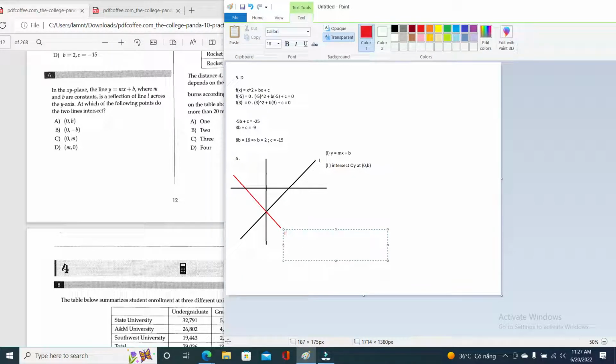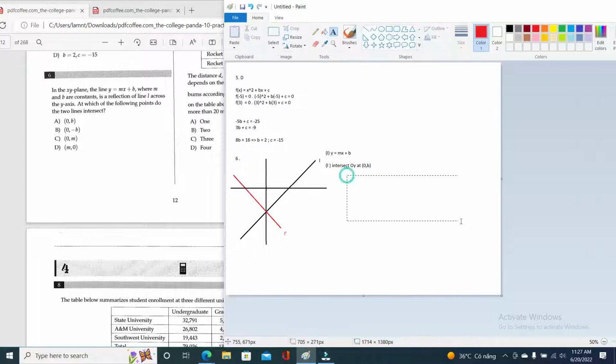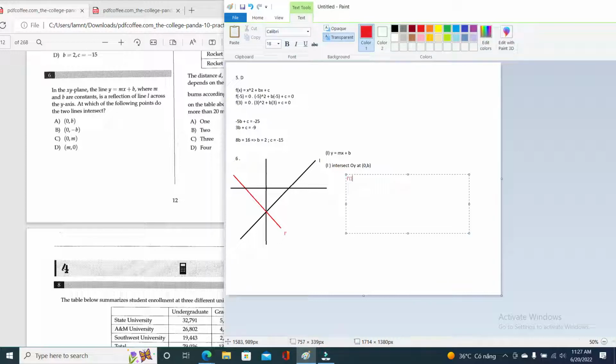So L prime also intersects the Oy axis at 0, b. So L intersects L prime also at 0, b. So it's A, right?